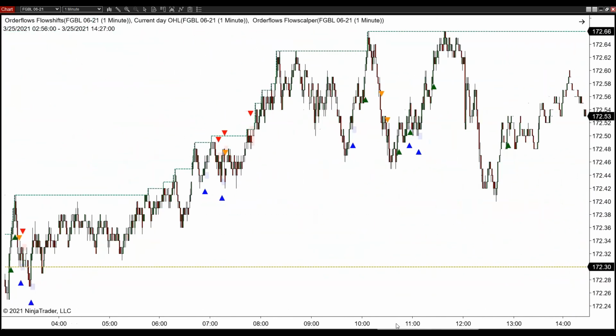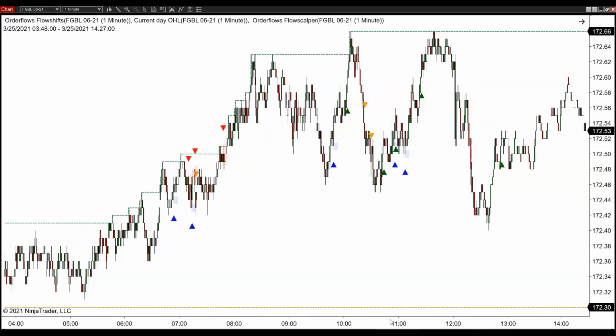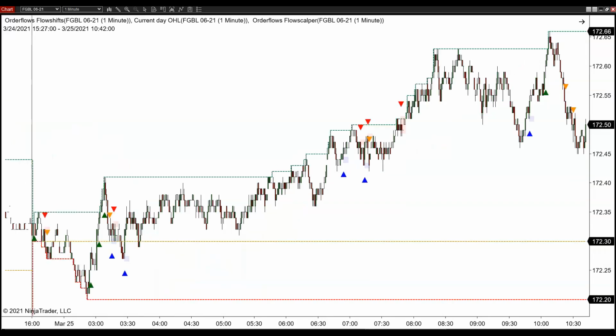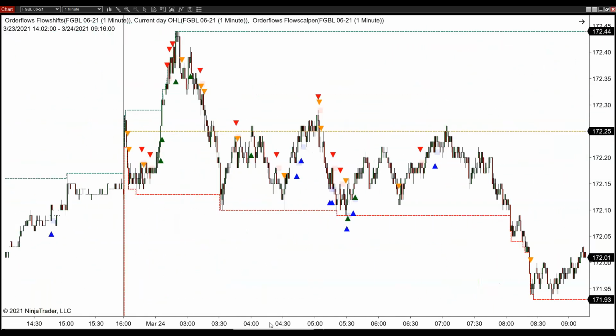I don't want to say it will never be in the same bar, because order flow is so dynamic. There is a chance that you may have two signals at once. Honestly, I've done some testing, and what I like to look for is what I call the groupings of signals, like 2 of Flowshifts, 1 of Flowscalper, together, 3 and 2, so to speak.